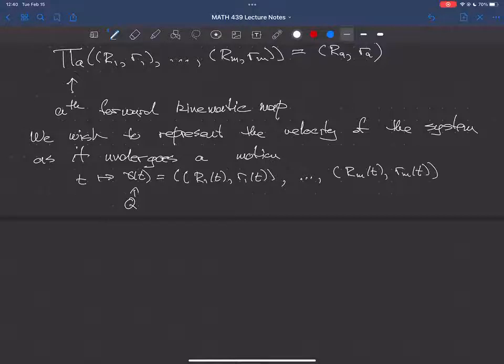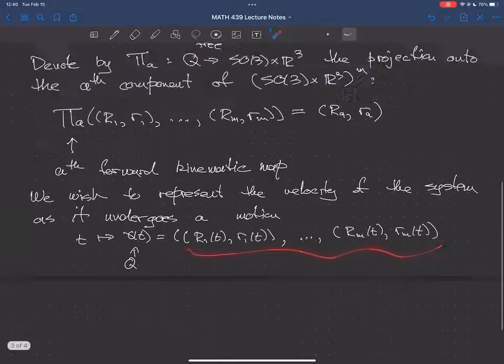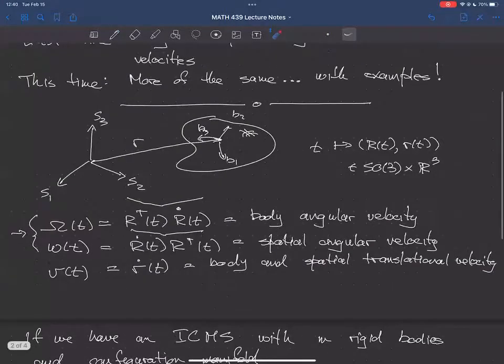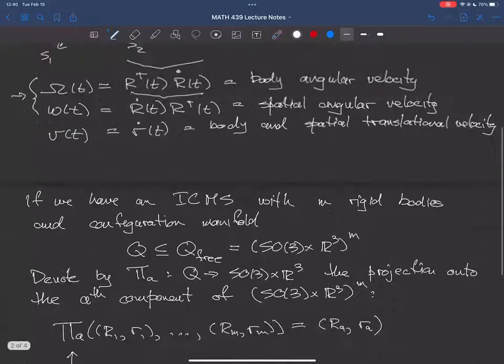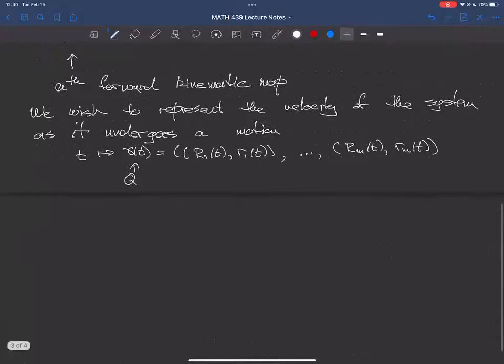Okay, and so we basically have m versions here of the thing that we considered here for a single body. So that's nothing exotic. All right.